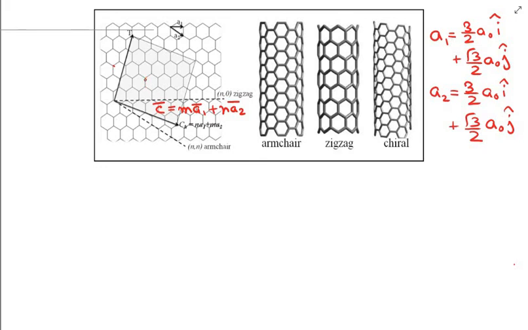So now let us say that when I roll it up, this point and this point can connect. On the other hand, I would not be able to connect this point and this point over here.